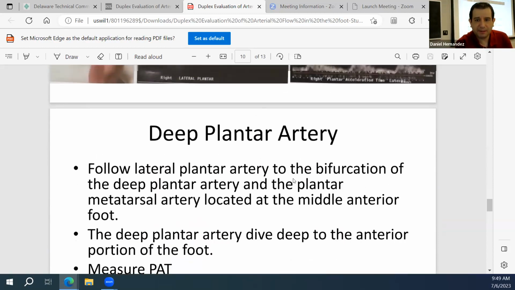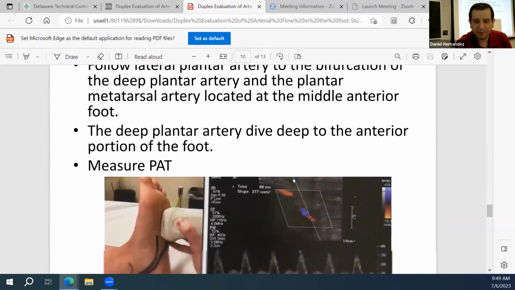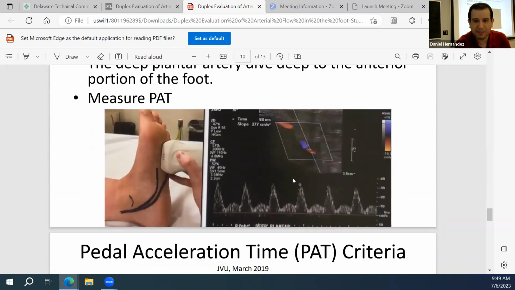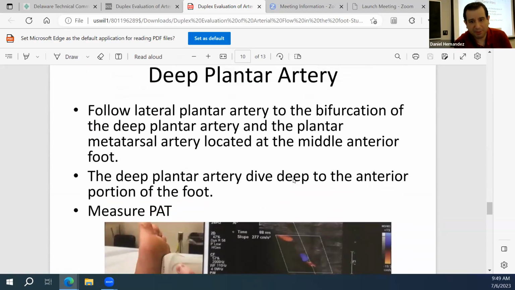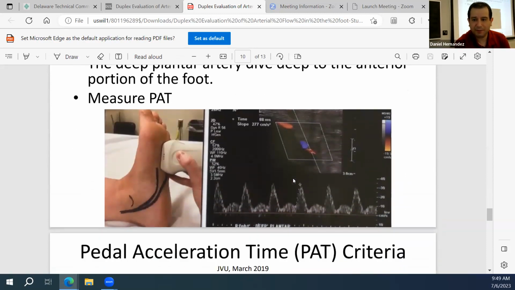Then we follow that lateral plantar artery along its course, and it starts to dive deep and becomes the deep plantar artery. So the lateral plantar artery eventually becomes the deep plantar artery.